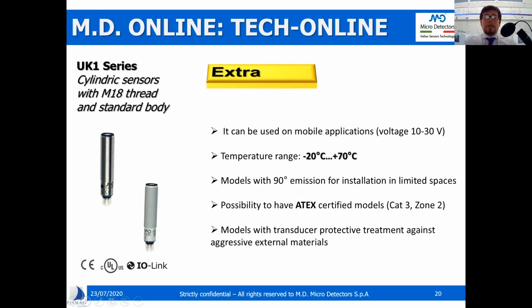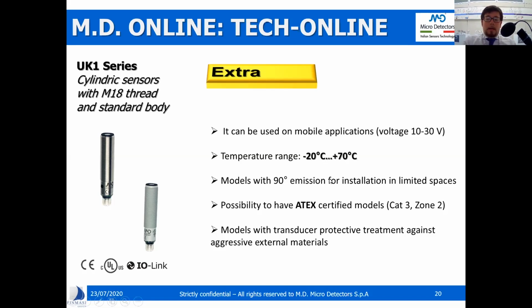Then remember that the supply voltage of this sensor is between 10 and 30 volts, and is very useful when talking about mobile applications, while the temperature range goes between -20 degrees and +70 degrees.